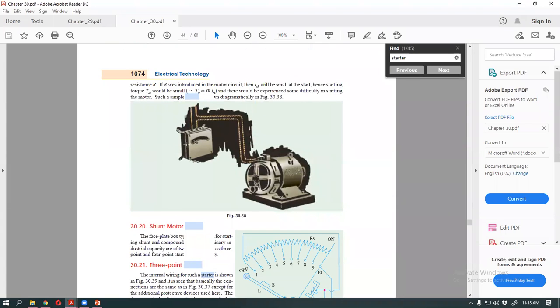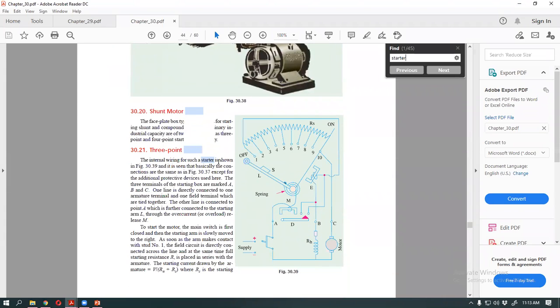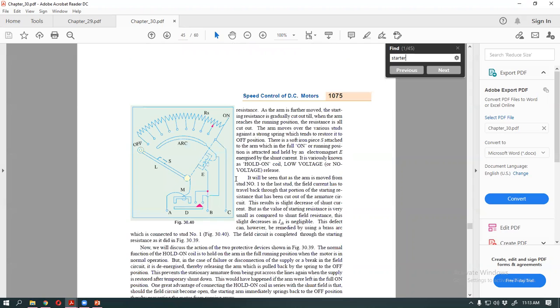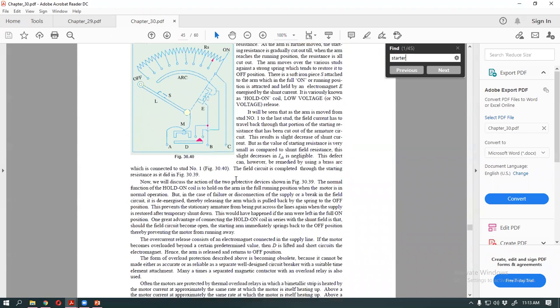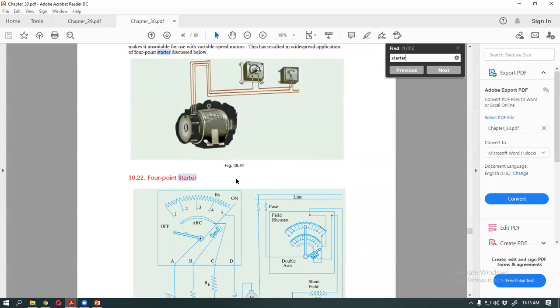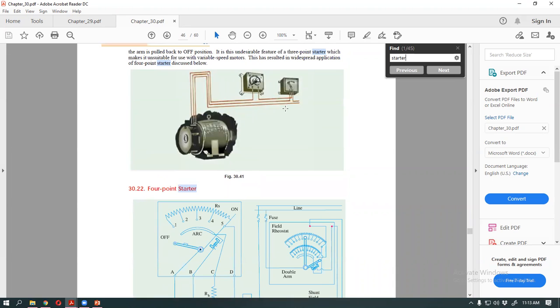This is your 3-point starter, and this is your 4-point starter.